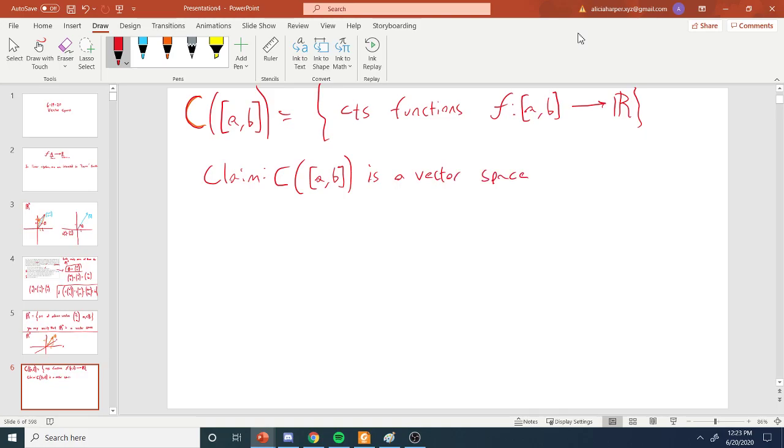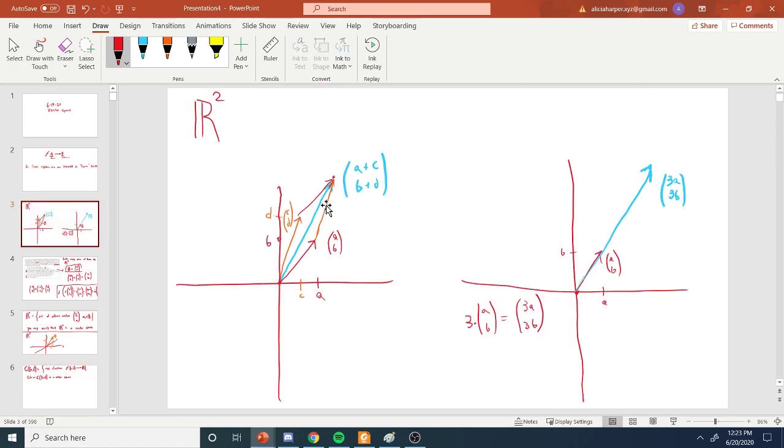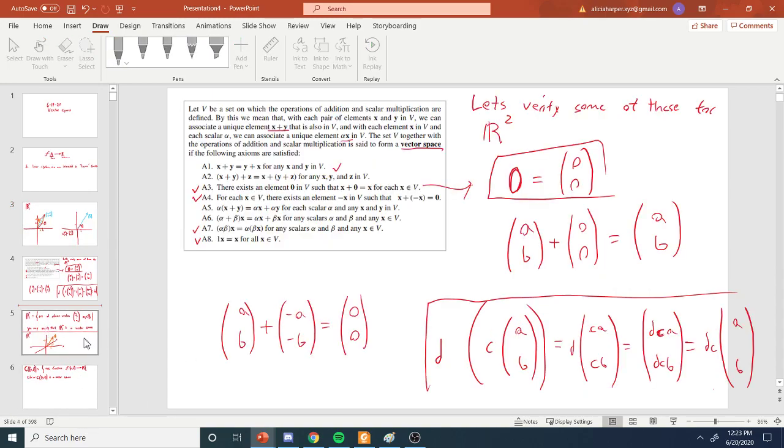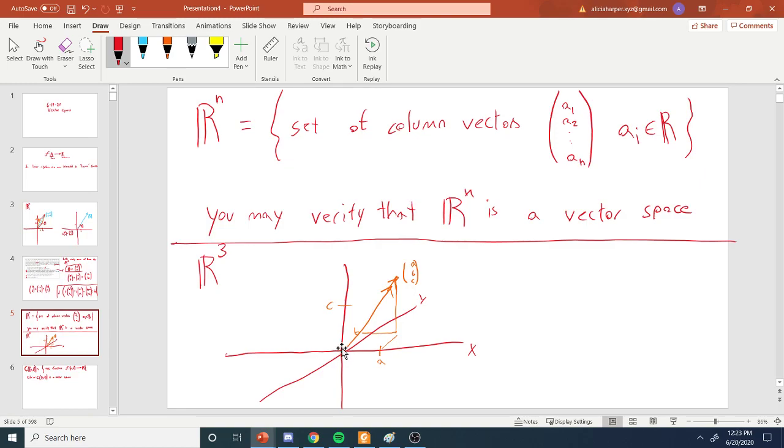Now, I haven't defined a notion of dimension yet, but at least morally, you would think R2 is two-dimensional. You would think R3 is three-dimensional, and you would think Rn is n-dimensional.